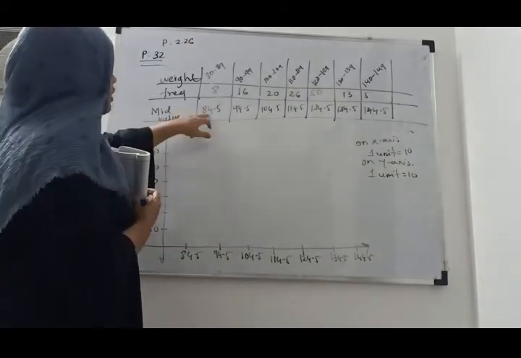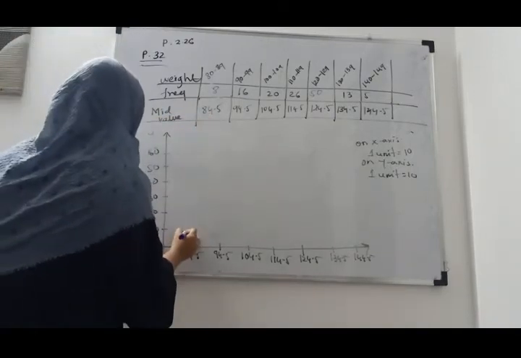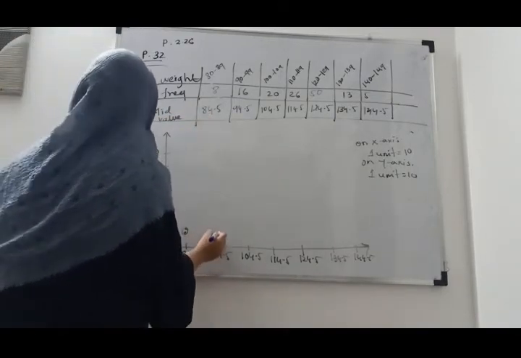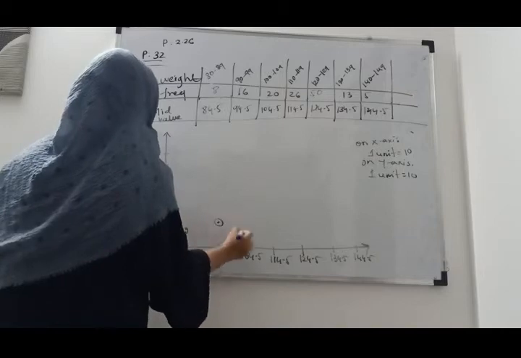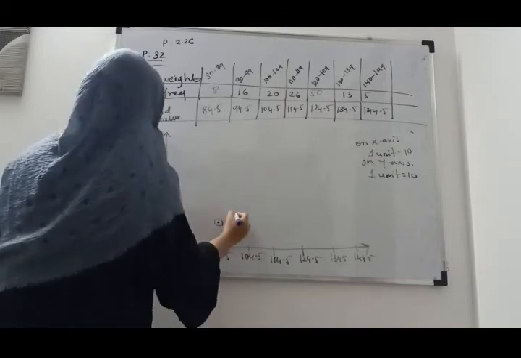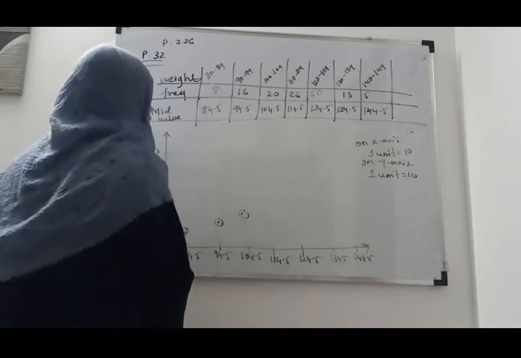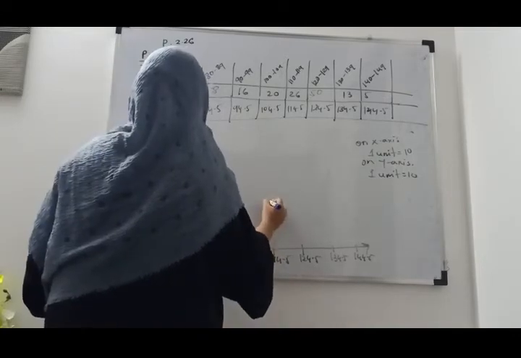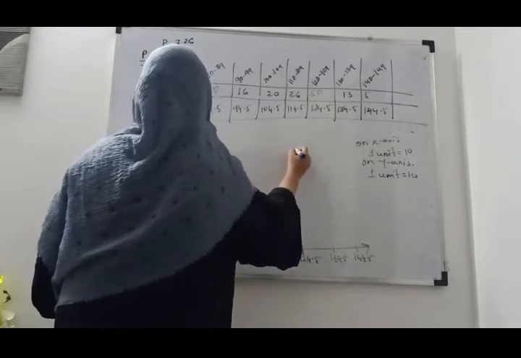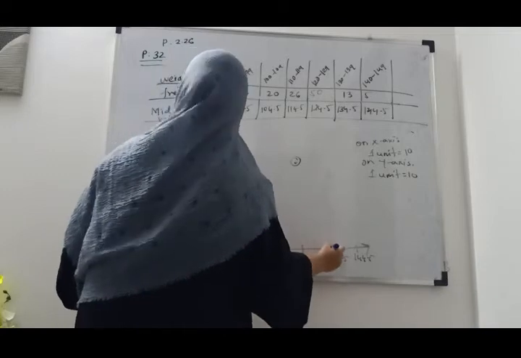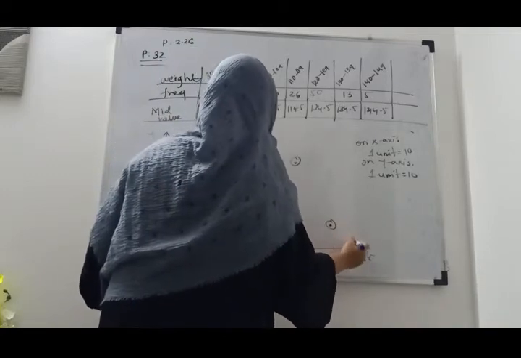For the first one it is 8. For the second one it is 16. For the third one it is 20. For the fourth one it is 26. Fifth one it is 50. For the sixth one it is 13 and then 5.